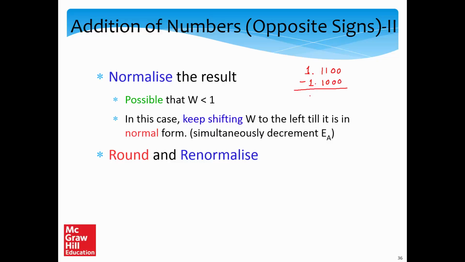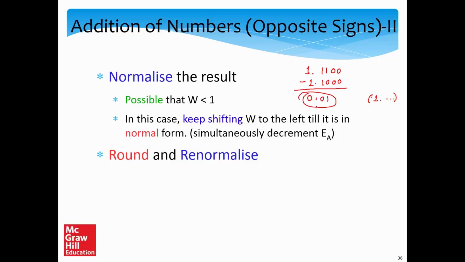The result will pretty much be 0.01, right? So this is not a valid significand. The reason it's not a valid significand is basically because it's not of the form 1 point something. So this is one of the cases where the result W is less than 1.